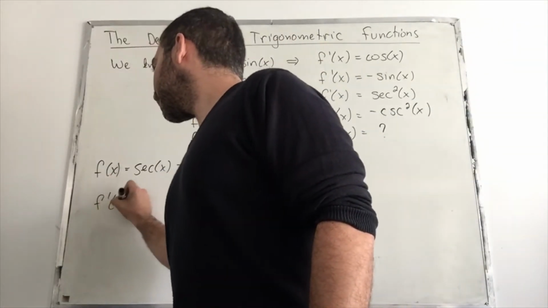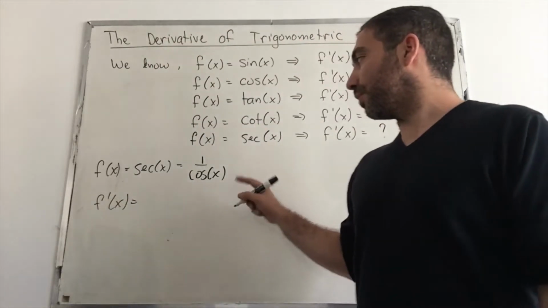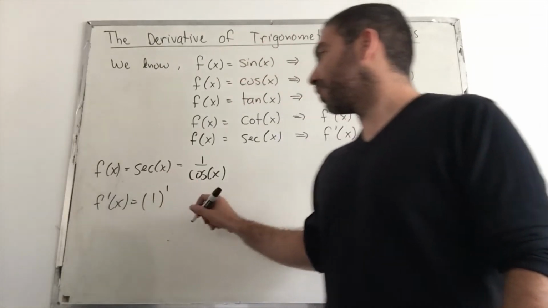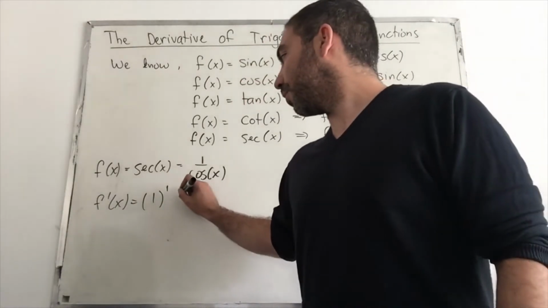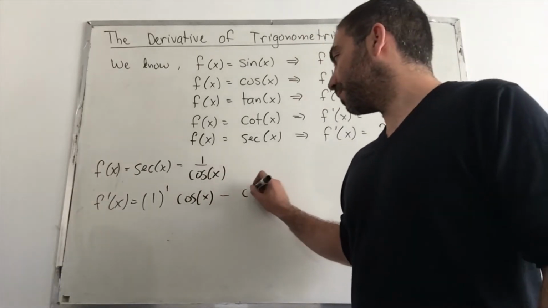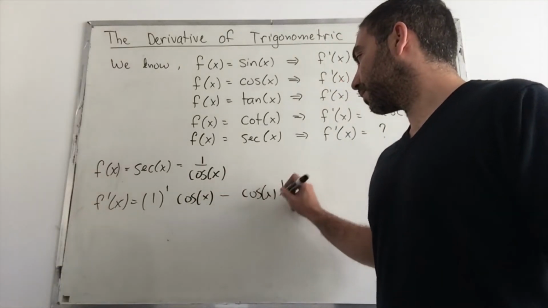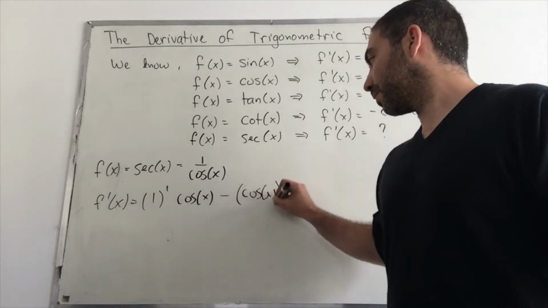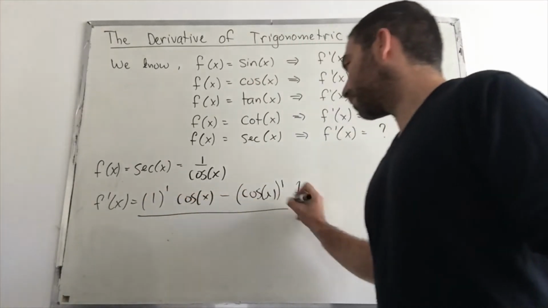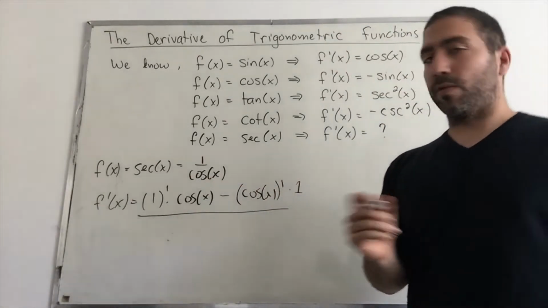So f prime of x is equal to the derivative of the top. Let's use the prime notation. So 1 prime times the bottom minus the derivative of the bottom times the top, so times 1, over the bottom squared.